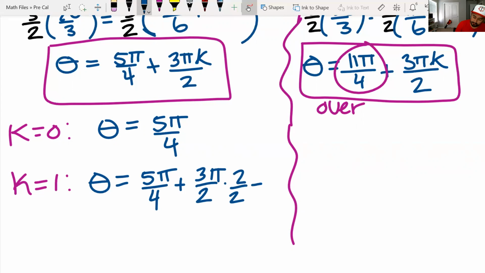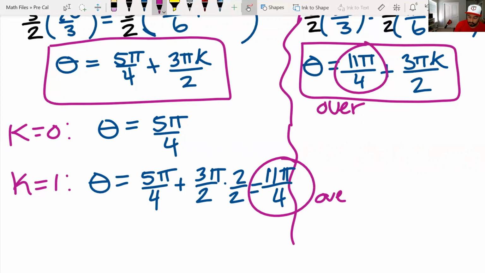Common denominator of 2, you get 5 pi over 4 plus 6 pi over 4. That gives us 11 pi over 4, which happens to be, again, over. So our only solution here is just 5 pi over 4. That's it.